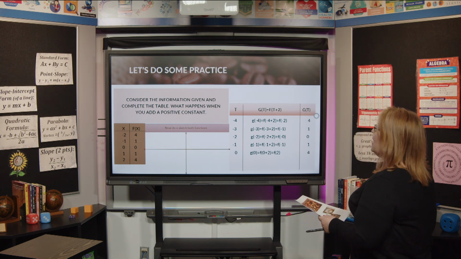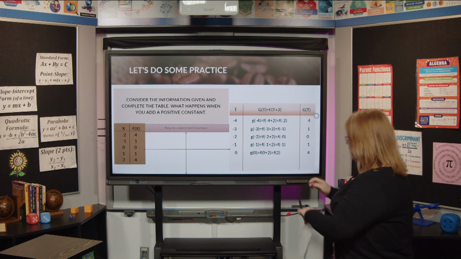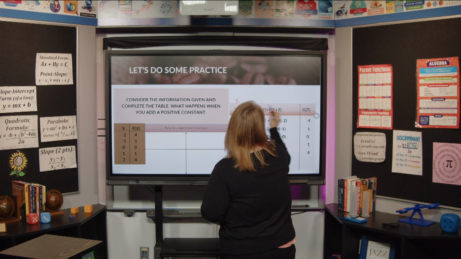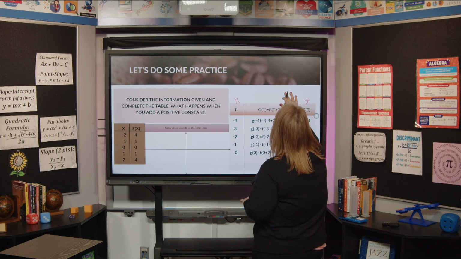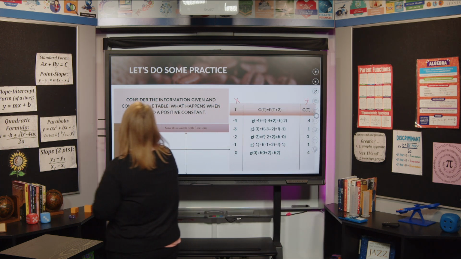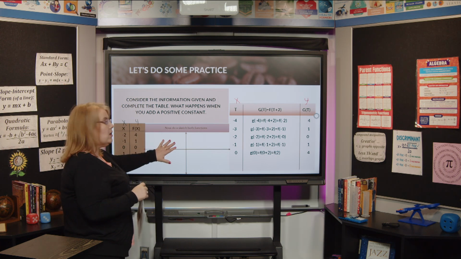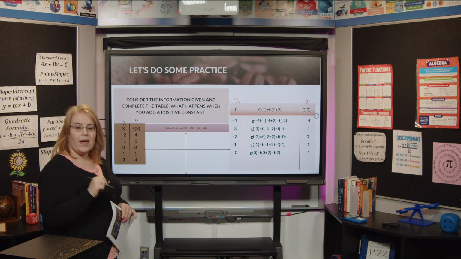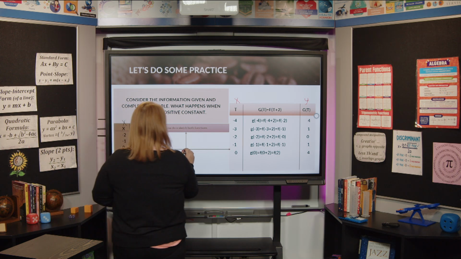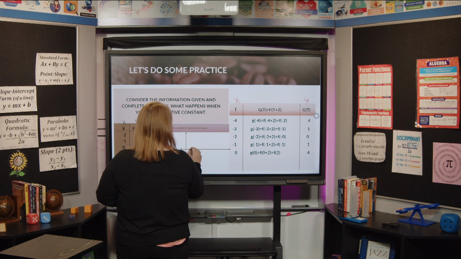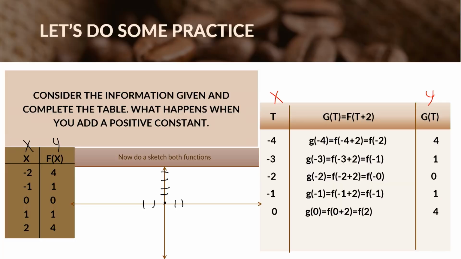Now it wants us to do the sketch. So I'm going to take these new x and y values and graph them, but I'm also going to take these old x and y values and graph them. I'm going to graph it up here, you graph it on your paper, and let's see what we got. So I have 0, 0.